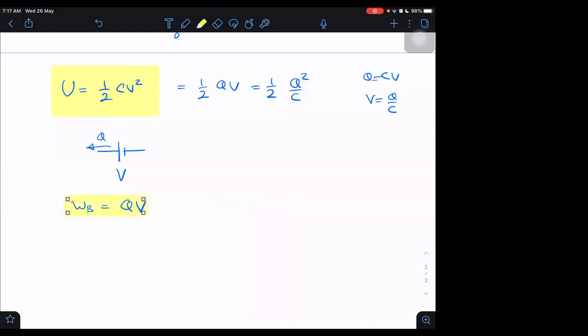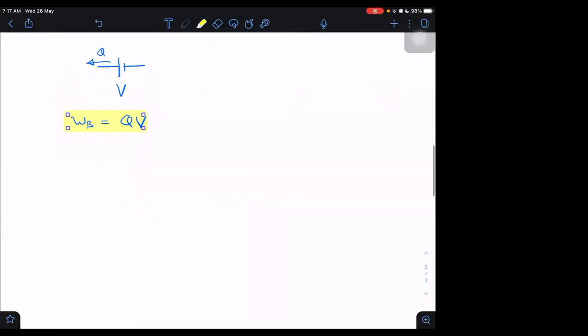And if we have these two relations, then we can write something called the work energy theorem. What does the work energy theorem state?